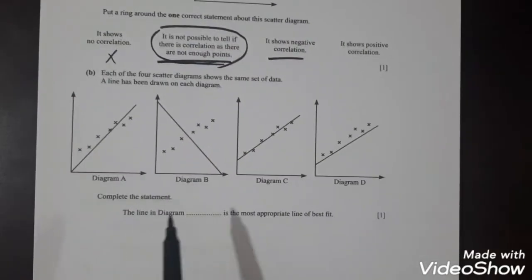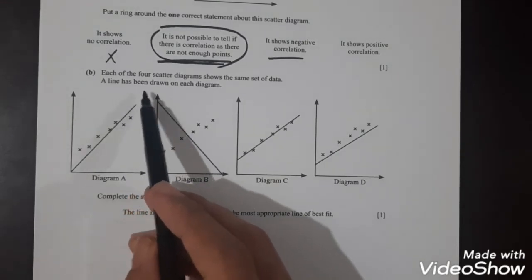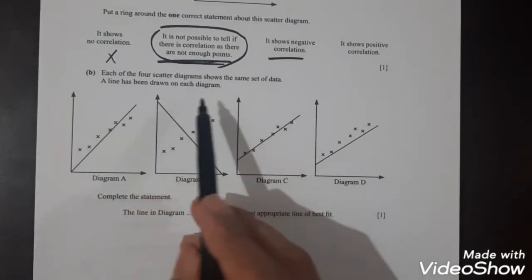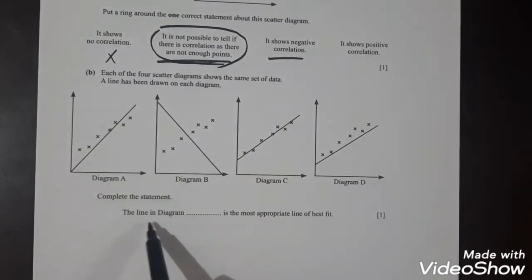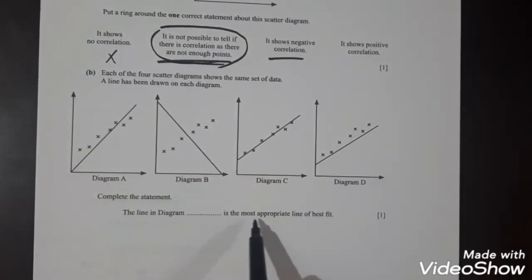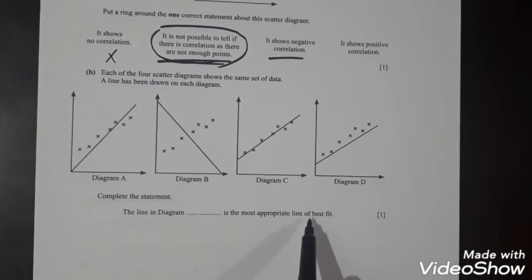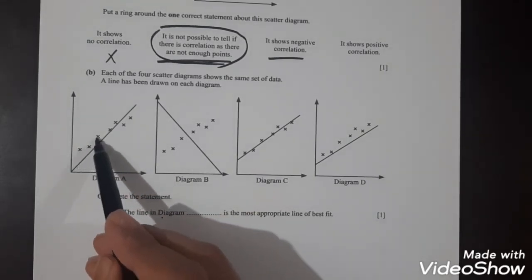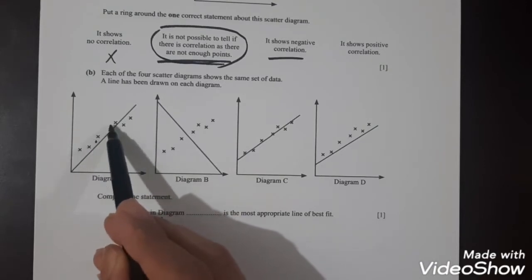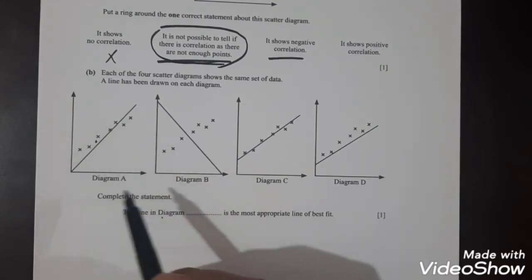Then part B states each of the four scatter diagrams shows the same set of data. A line has been drawn on each diagram. Complete the sentence: the line in diagram blank is the most appropriate line of best fit. For this 5B, in one diagram there are 4 points above and 2 points below, which is not okay.